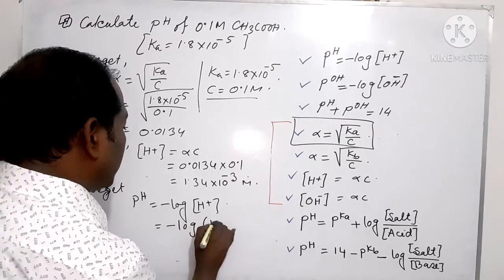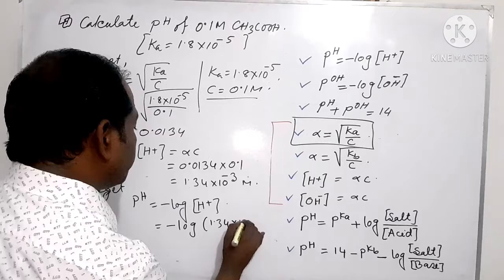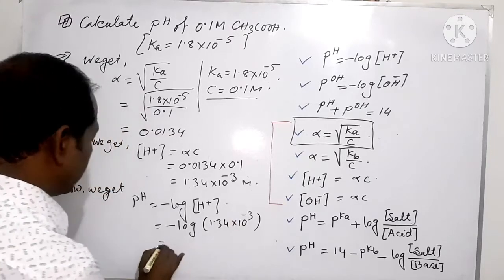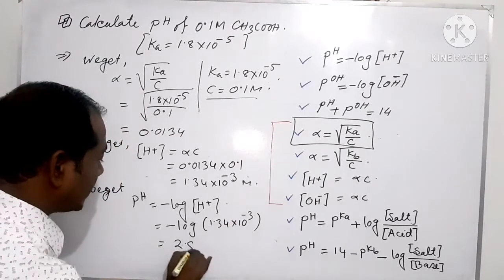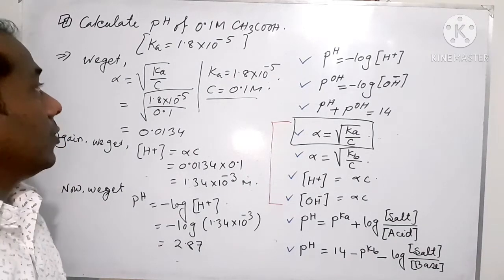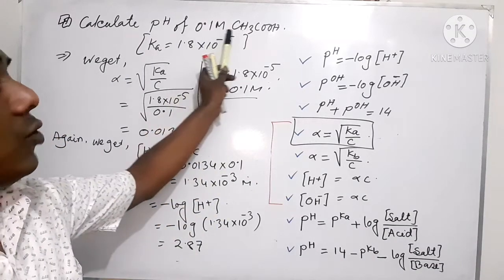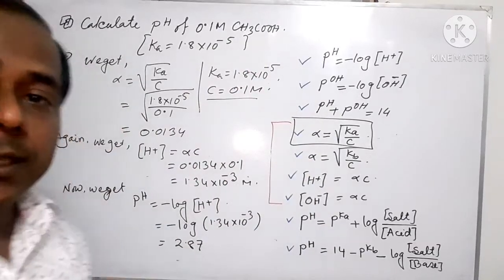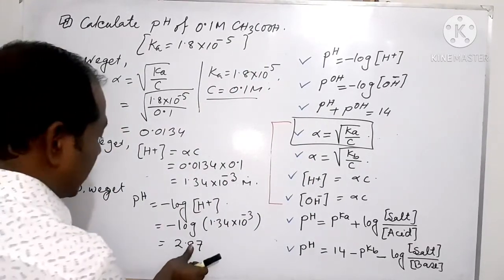Minus log of 1.34 into 10 to the power minus 3, and we get the value 2.87. So the pH of 0.1 molar acetic acid solution is 2.87.